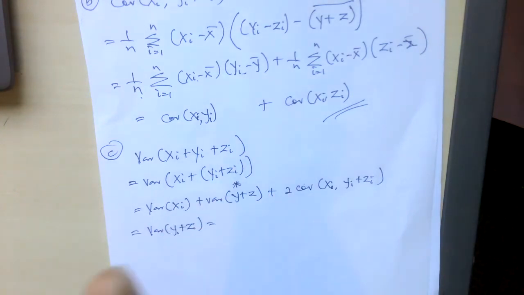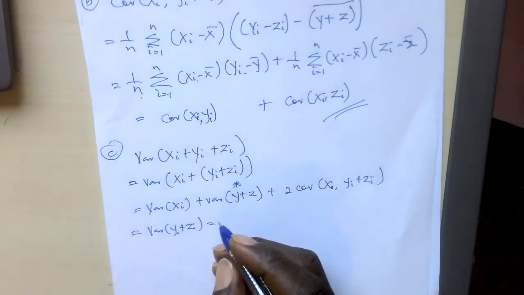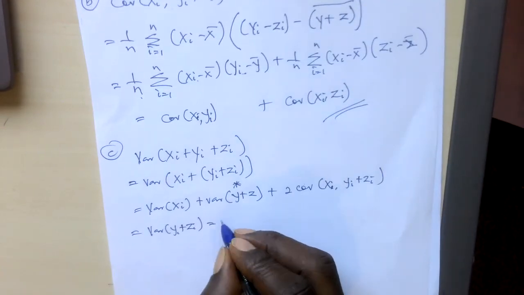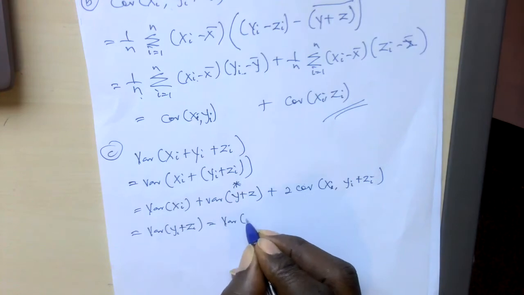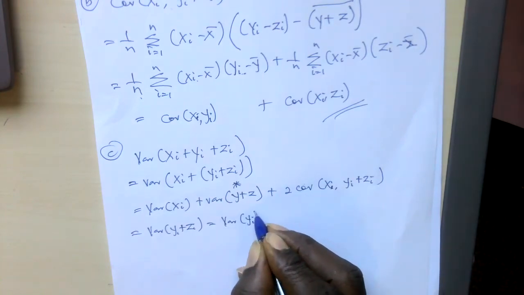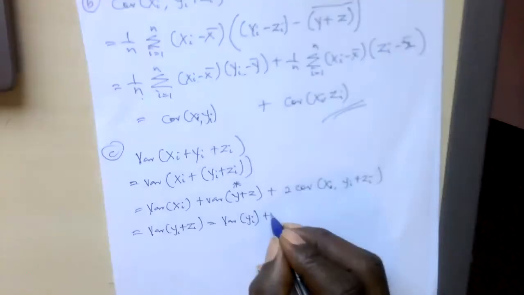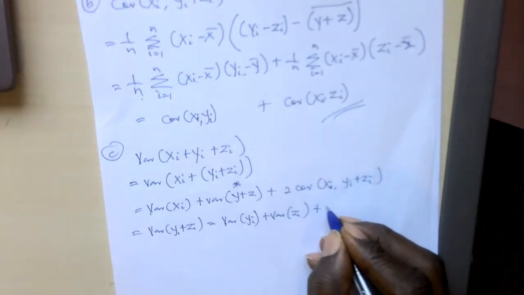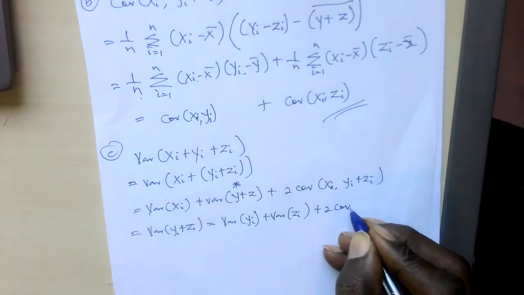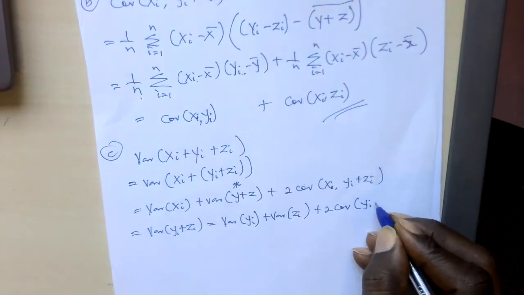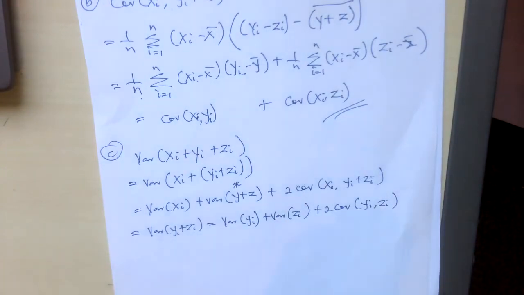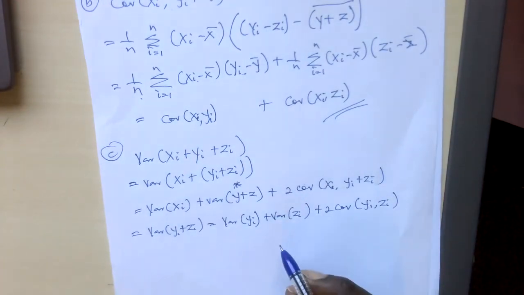From our solution from the A part and the B part, from the A part we have this means the variance of y plus the variance of z plus 2 covariance of y, z. That's what we proved in the A part.